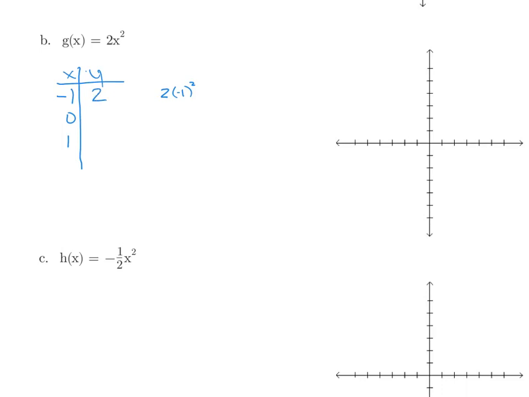If we plug in 0, we get 2 times 0 squared. 0 squared is 0 times 2 is also 0. And our last one, we have 2 times 1 squared. 1 squared is 1, and 2 times 1 is 2.